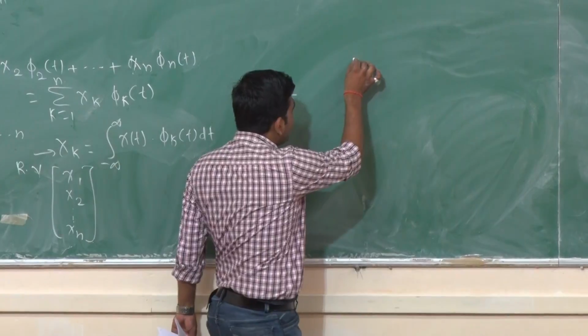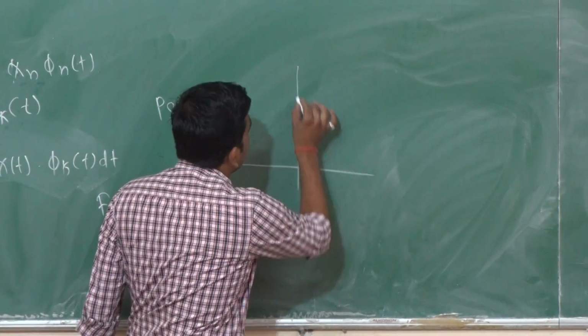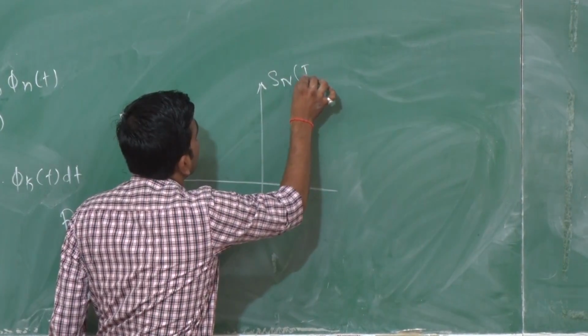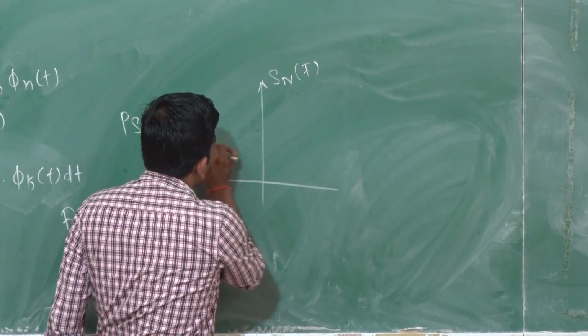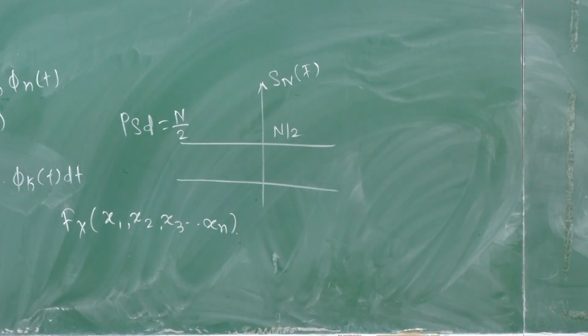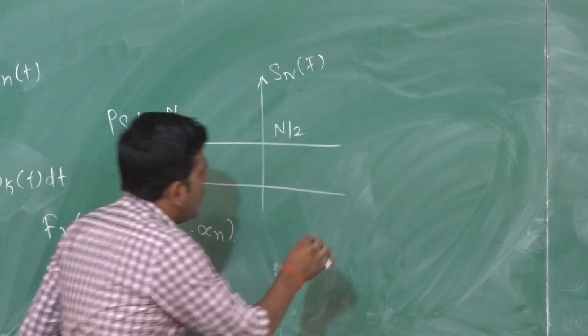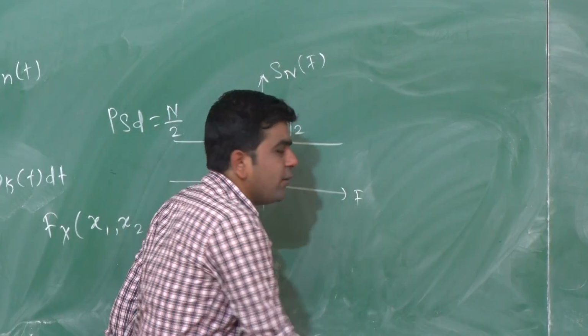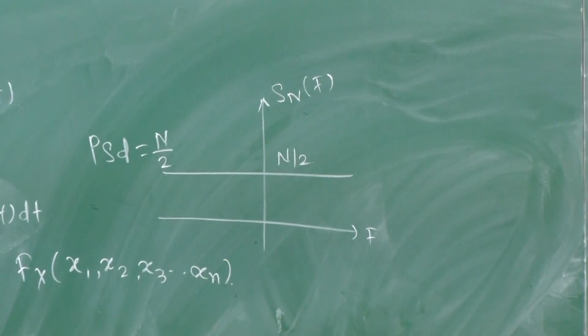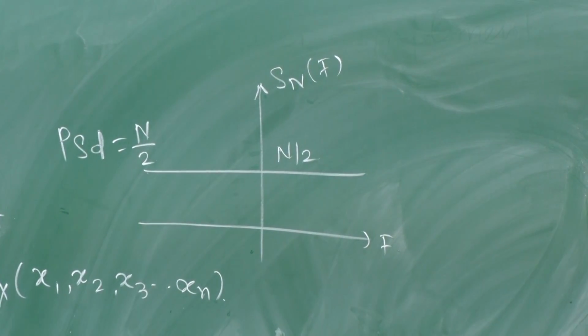So here we can see that we will get a power spectral density for all frequencies, a uniform distribution with a height of N by 2.